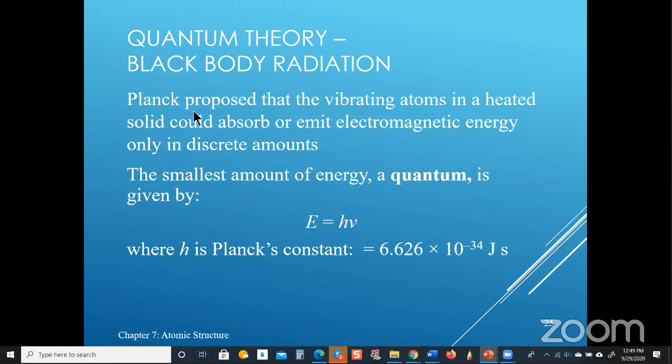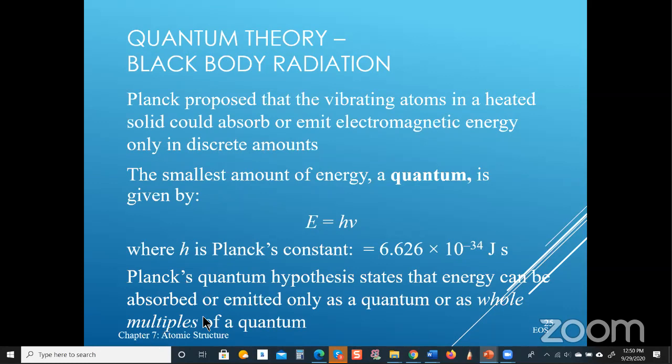Okay, so basically according to Planck, whenever you have atoms vibrating, it only can change its energy by a discrete amount. And this amount of energy is called a quantum, right? I stated here, and that's a formula, okay? And according to Planck's hypothesis, he's stating that the energy that is absorbed or emitted can only be emitted or absorbed as either a quantum, or one unit, or one packet, or as whole multiples of a quantum, all right?